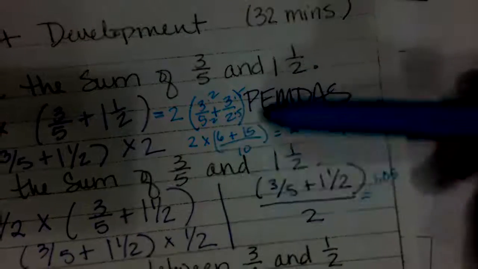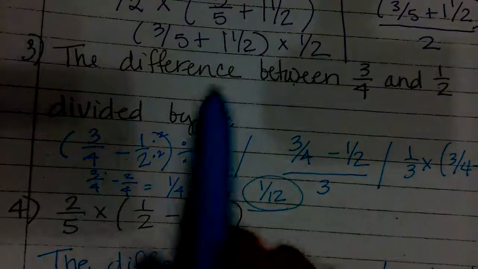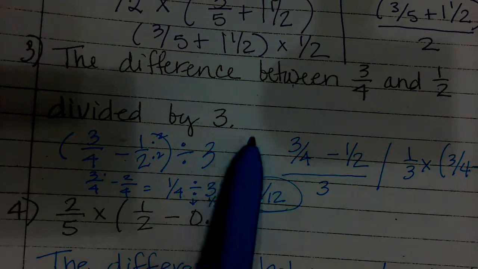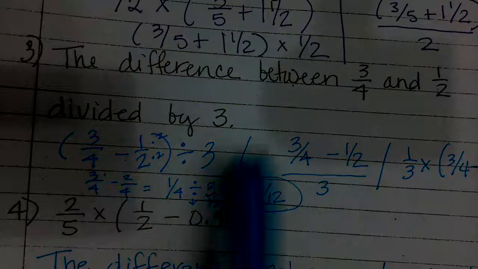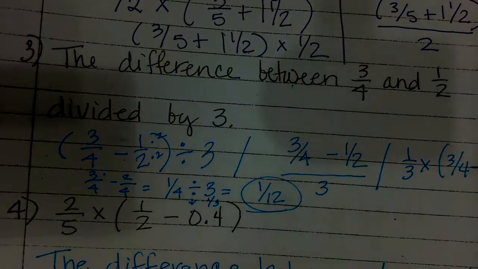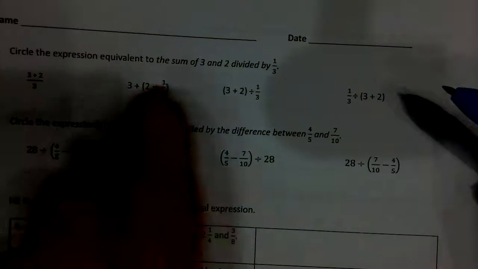Now remember, we were just writing problems. You can write them in different ways, right? So going back here, the difference between 3/4 and 1/2 divided by 3, there were 3 different ways that this problem worked perfectly fine. That's what they're getting at, is how could you write this problem 3 different ways and still get the same answer?